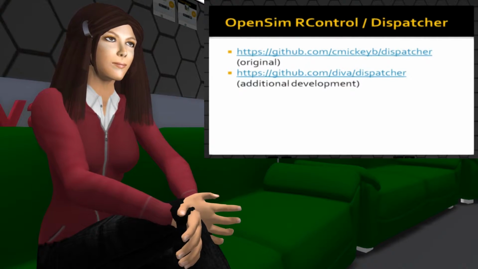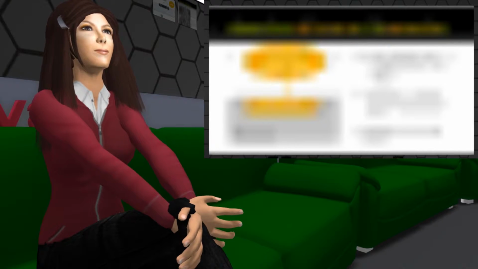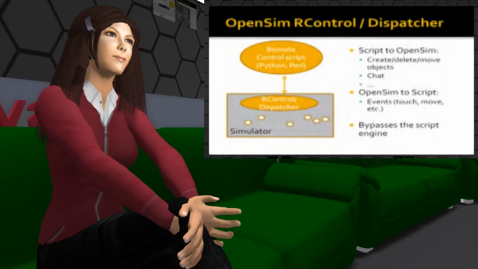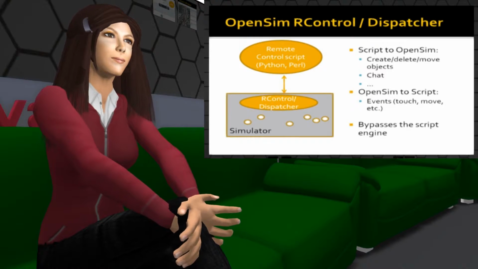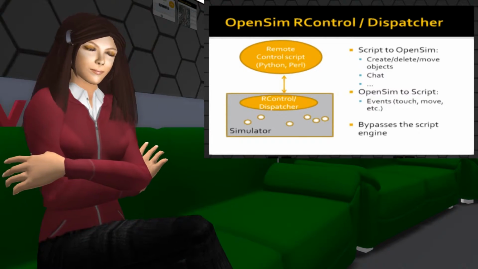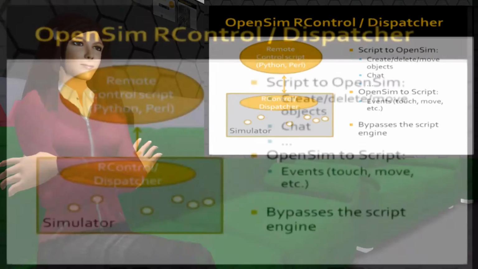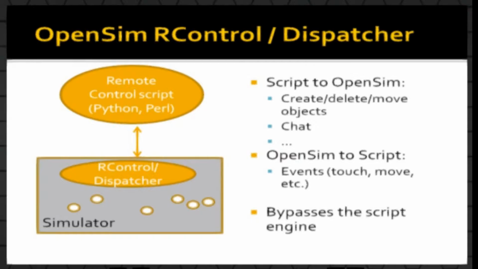So let me go a little deeper and explain how this actually works. There are two parts to it. There's a part that works in OpenSim. These are two region modules that can be installed as plugins on the simulators. They are called the remote control and the dispatcher.